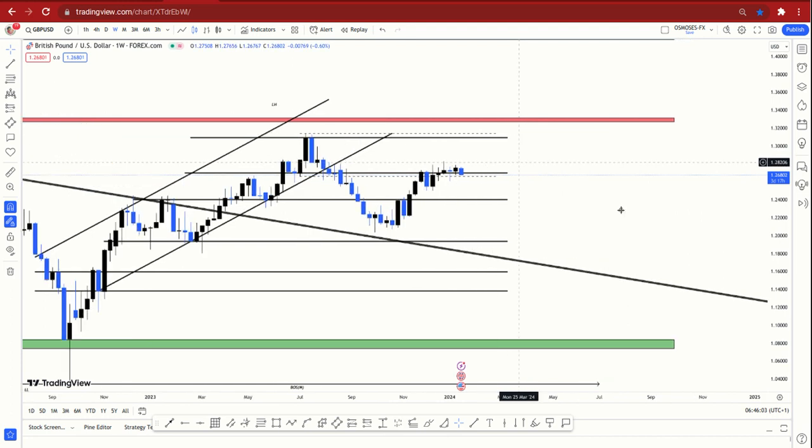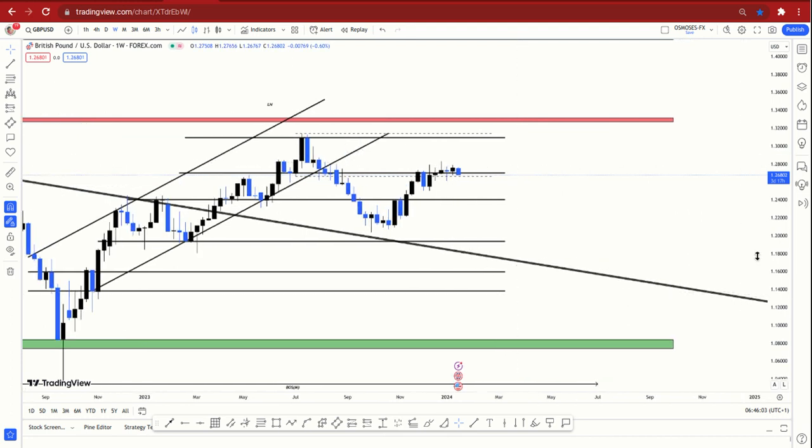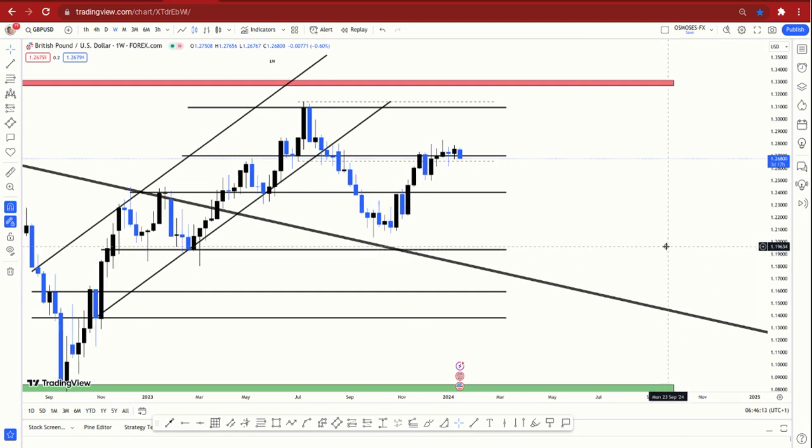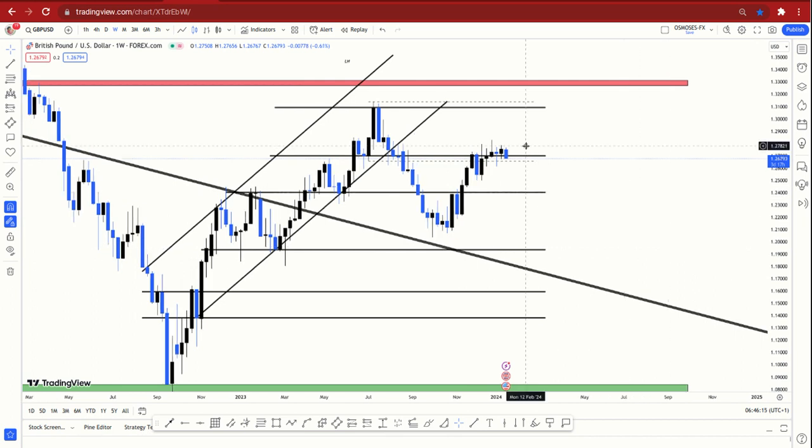If you zoom in, you see that we are looking like we are forming a bearish engulfing on the weekly.